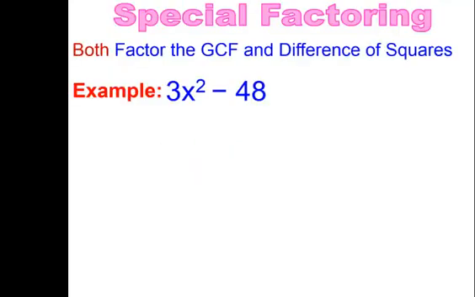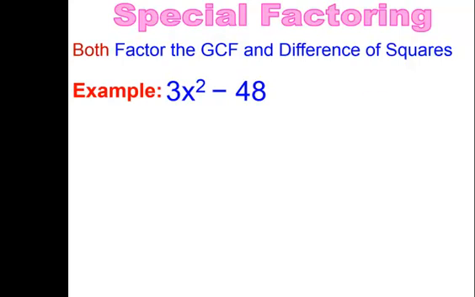Now this next example looks like it might be the difference of two squares. You're looking and you're saying 3x squared minus 48. 3 is not a perfect square, and 48 is not a perfect square. So you need to see, can I factor out a GCF in order to factor this? So you see that 3 is a GCF. 3 is the greatest common factor of 3 and 48.